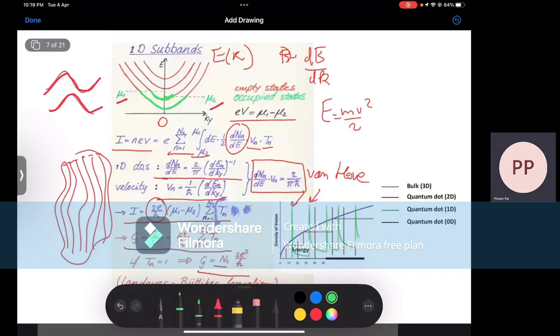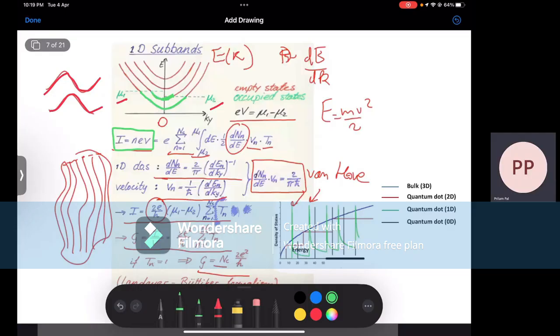So how do you calculate current? I just start with the definition of current: the number of electrons times their charge times their velocity, right? So simply start with this formula, I equals nev.